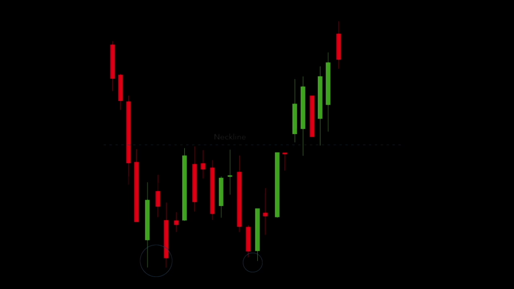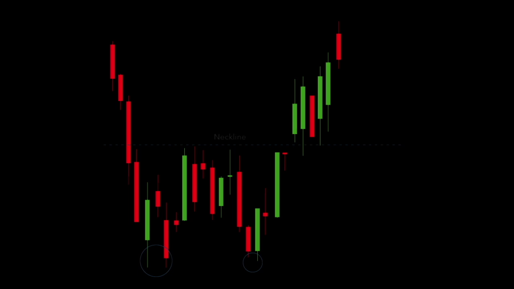A lot of traders will call this the W movement. You always want to see this in a bullish trend because you see this and you're like, oh yes, okay, the buyers are in control. This is a bullish reversal pattern because it signifies the end of a downtrend and the shift towards the uptrend.